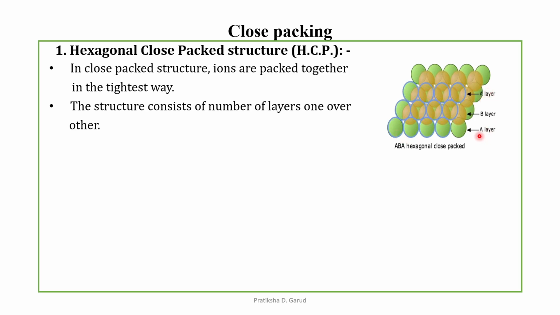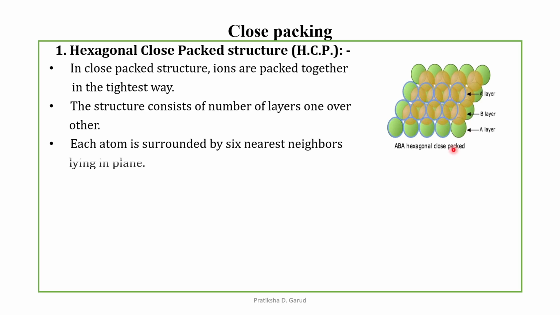So it will be the A layer, B layer and again the A layer. Here we can further say that each atom is surrounded by six nearest neighbors, right? If we consider a single atom, it will be surrounded by six nearest neighbors lying in a plane.